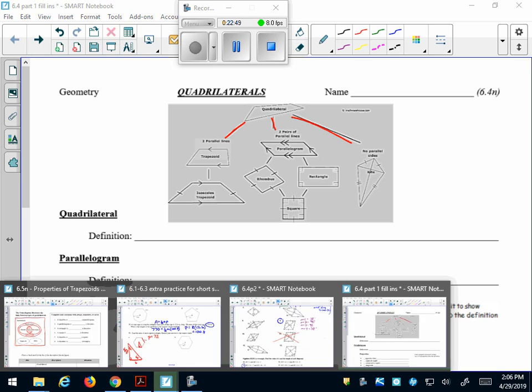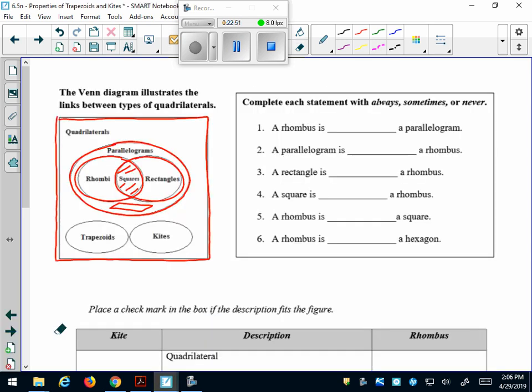They cannot ever overlap. Well, this kind of diagram, I think, helps with questions like these, sometimes, always, or never. So if you look at this Venn diagram and answer these questions, a rhombus is sometimes, always, or never a parallelogram. Always, because it's inside that category, right? Next one, a parallelogram is blank a rhombus.